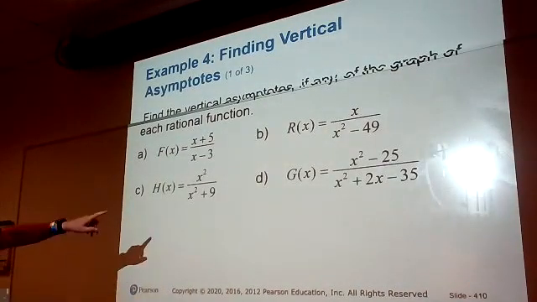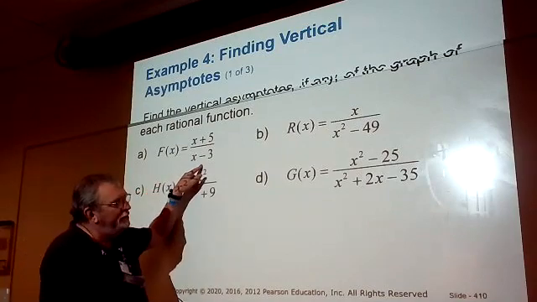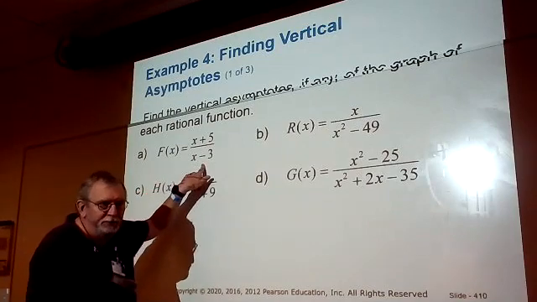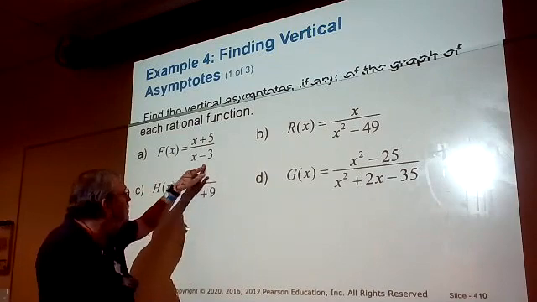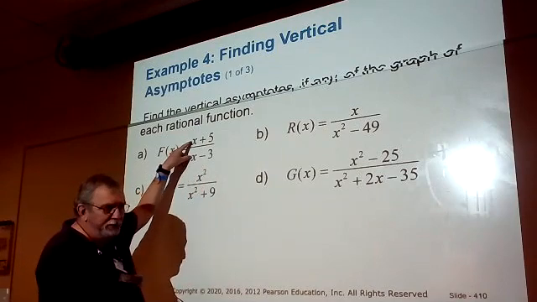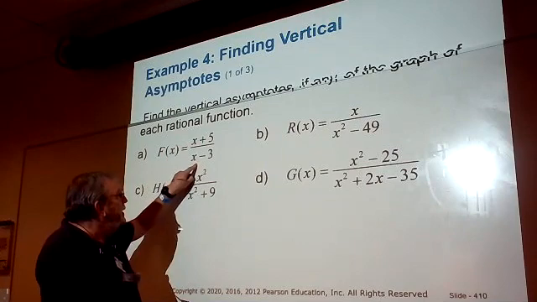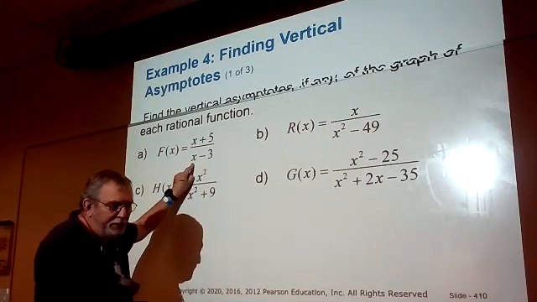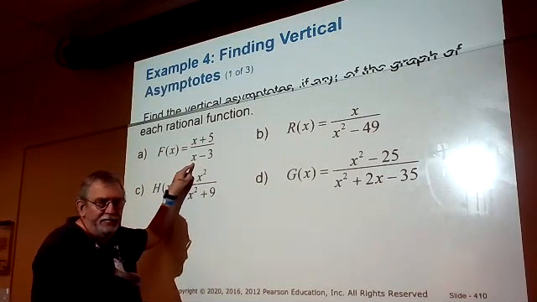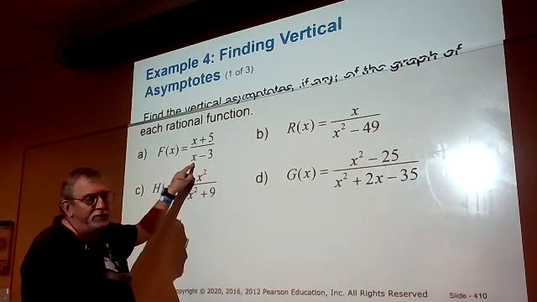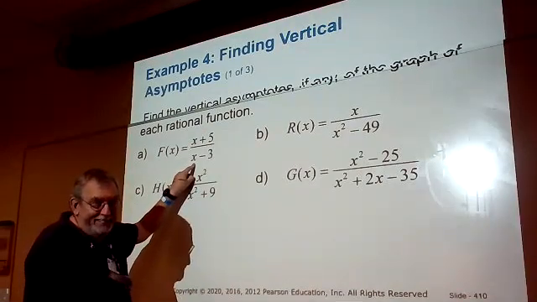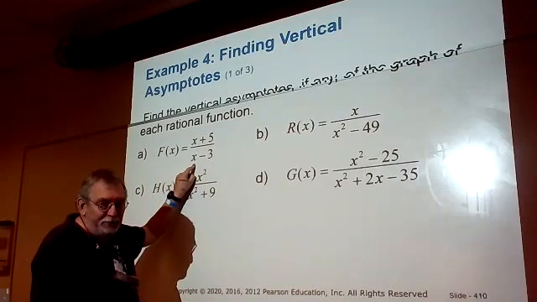All right, the vertical asymptote here is when the denominator equals 0 in reduced form. This is in reduced form. If I put 3 in for x, I get 0 in the denominator. So x equals 3 is the vertical asymptote.